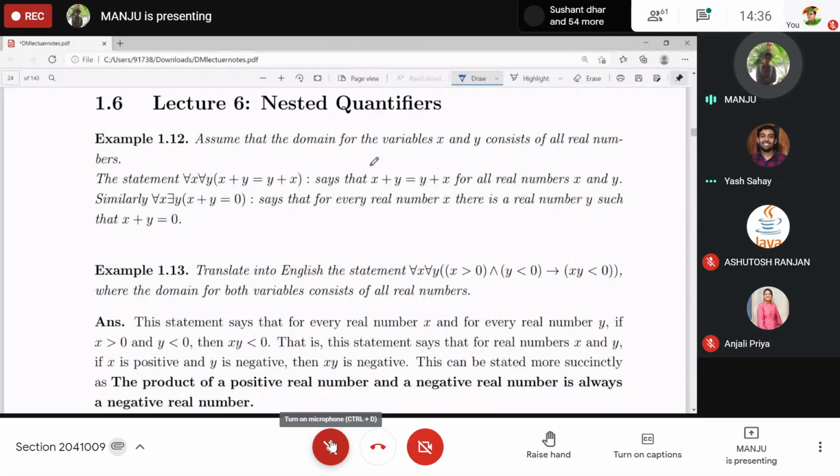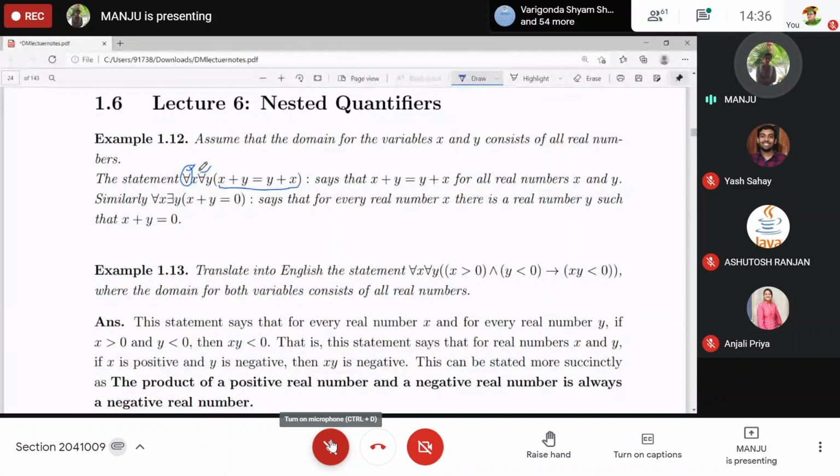Okay, whenever you are using more than one quantifier, that comes under nested quantifier. Here you are using two quantifiers, right? So this for all is applied on this part of the logical expression. And what about this for all?